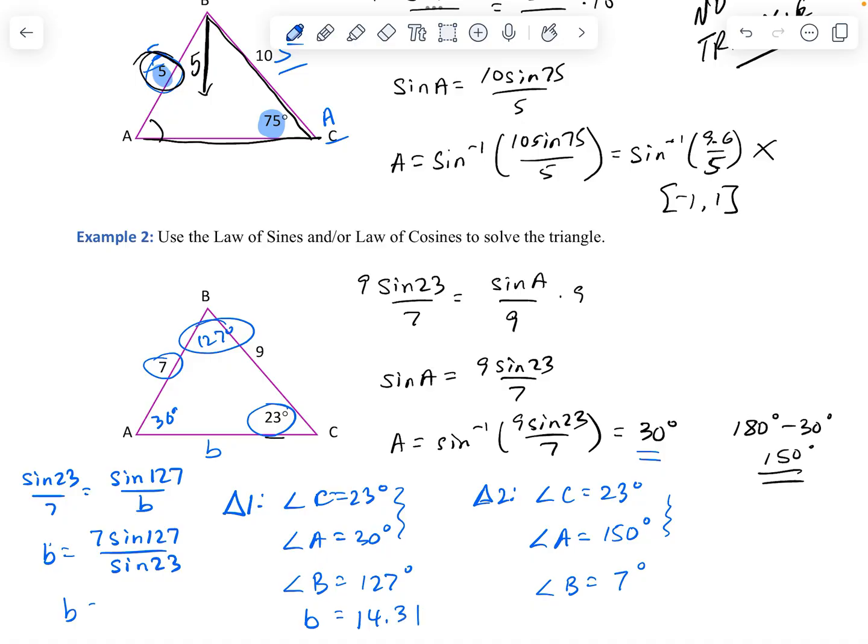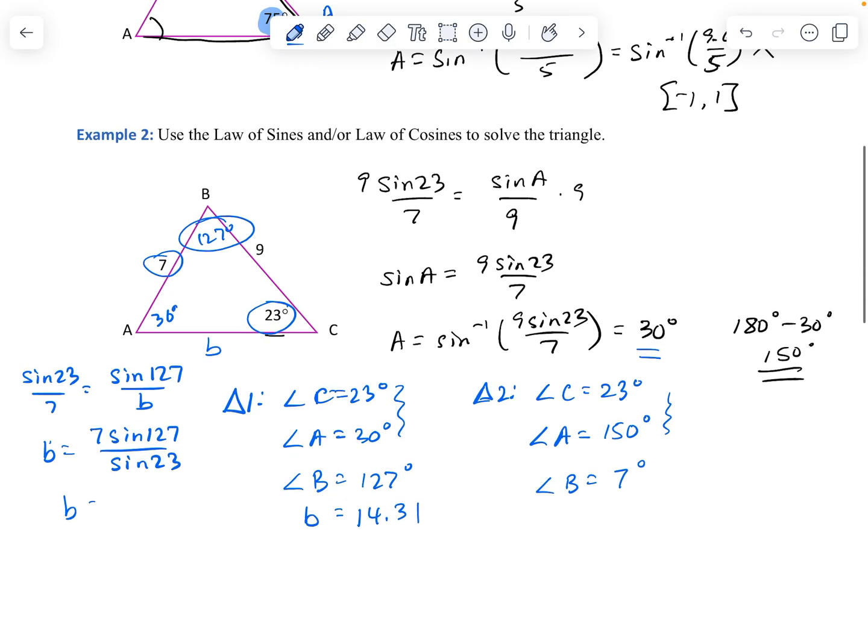I have to do law of sines one more time, but this time I'm going to do pretty much the same thing as I did over here. Just remember that in this situation, I said angle B was 127. Now I'm going to use an angle B of 7 degrees, because now I'm doing the other triangle.